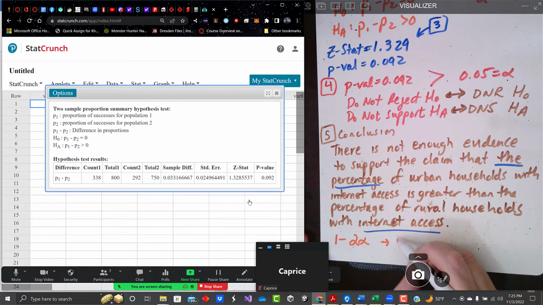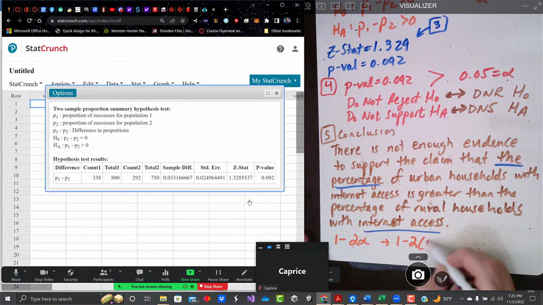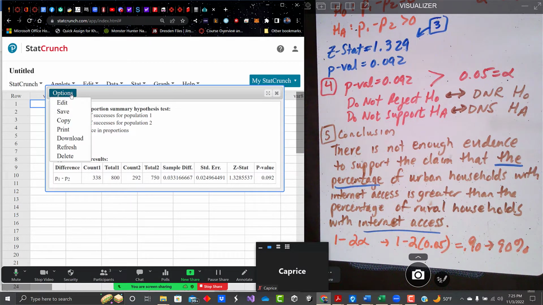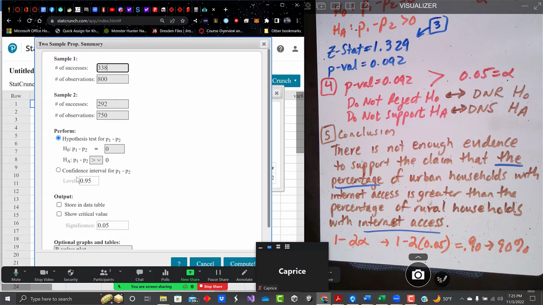So this is 1 minus 2 times 0.05. This ends up being 0.90 or 90%. So let's do this with a confidence interval of 90%. I'm going to edit it, click on confidence interval, and click compute.